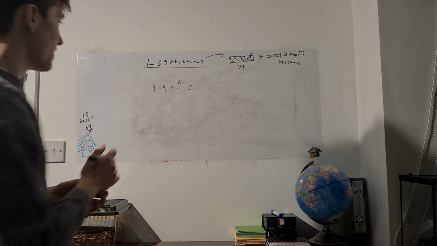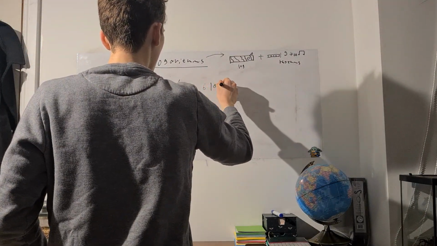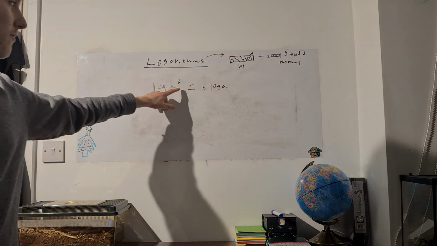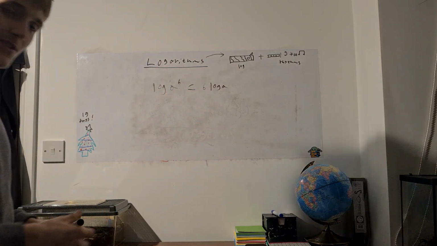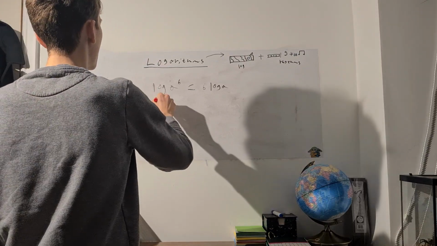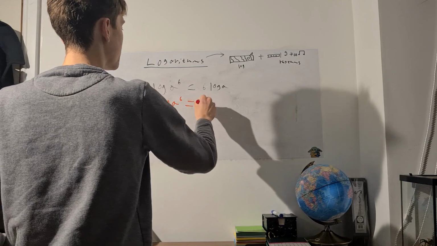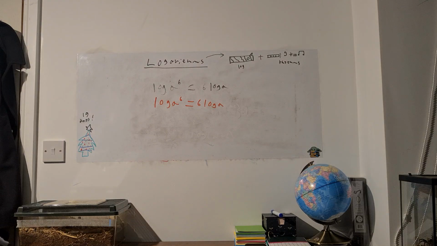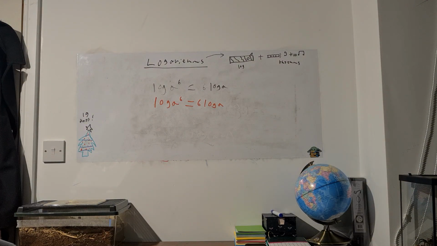Well, quite simply, that is equal to B times log A. So log A to the power of B is equal to B log A, and that's very faint. I don't know if you can see that very well. I'll just rewrite it in red just to make sure. That's much better. Equals B log A. Yeah. So log A to the power of B is equal to B times log A.